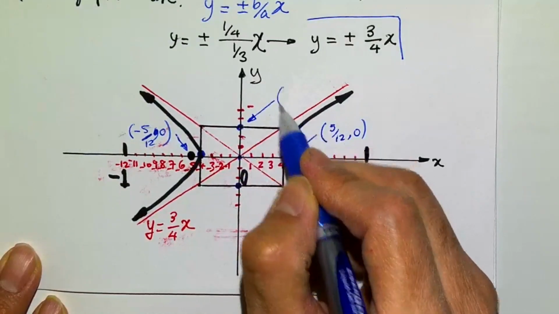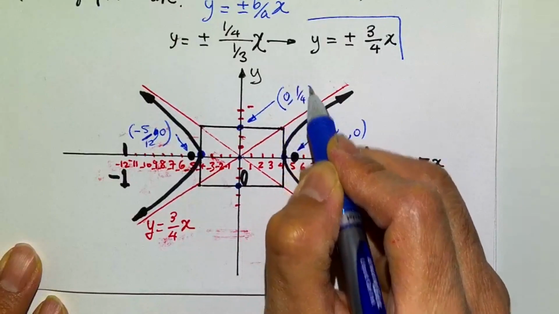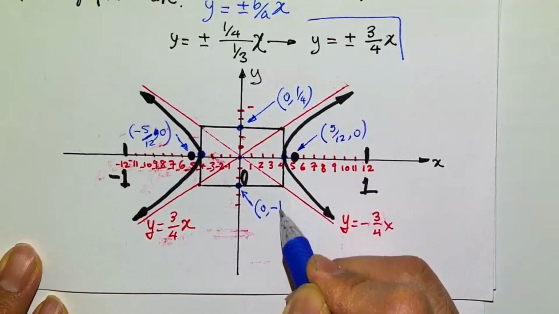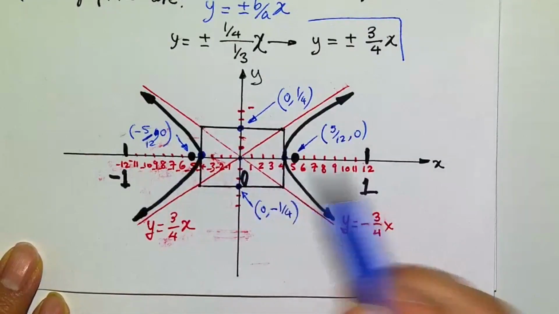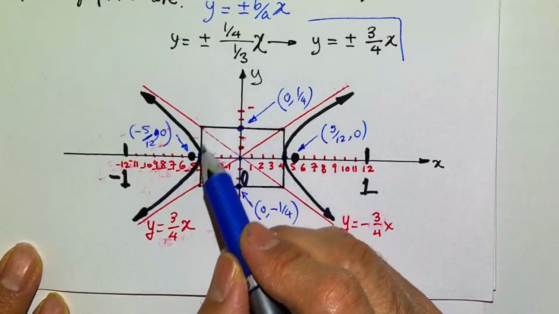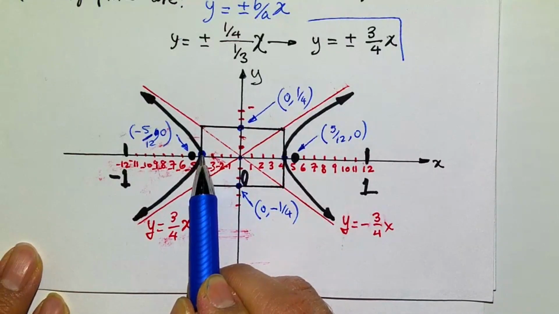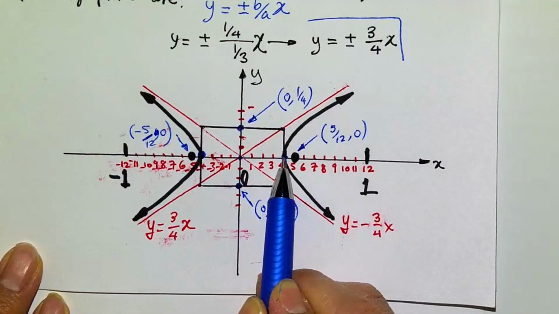So that will be 0, comma 1/4, and that one will be 0, comma minus 1/4. And these are the vertices. The drawing is really crowded, so I don't want to put more information. But the vertex will be at a equals negative 1/3, comma 0. This one will be positive 1/3, comma 0.